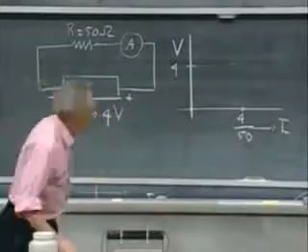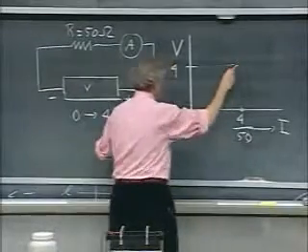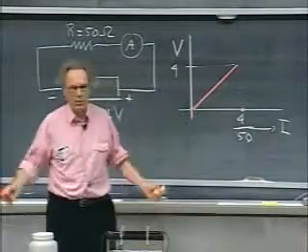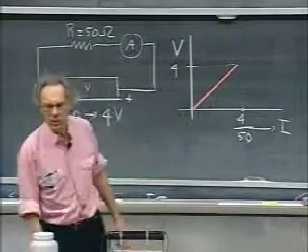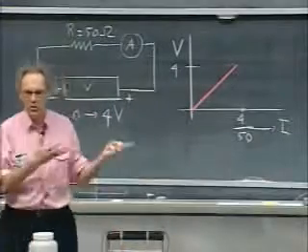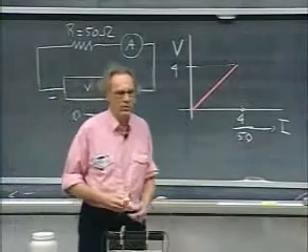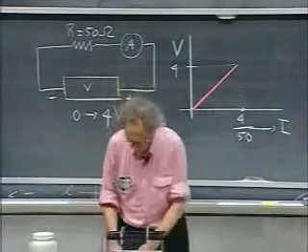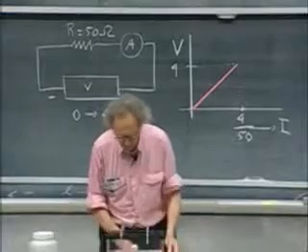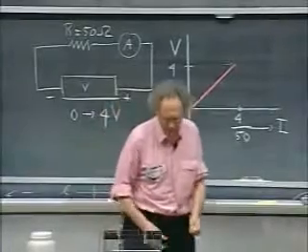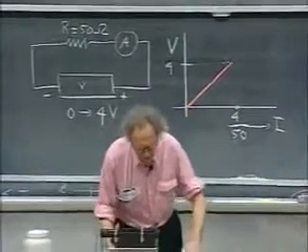And if Ohm's law holds, then you would find a straight line. That's the whole idea about Ohm's law, that the potential difference is linearly proportional to the current. You double the potential difference, your current doubles. So let's take a look at that.